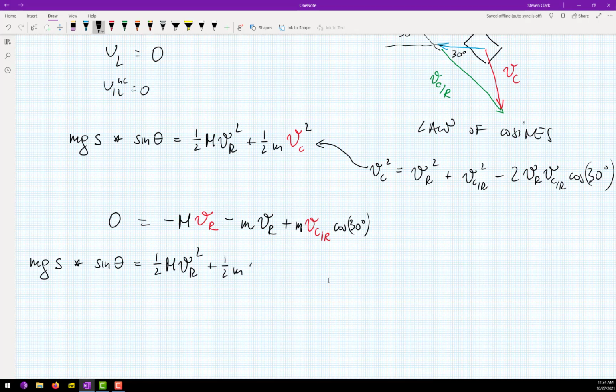So it will be V_R squared plus 1/2 of little m V relative squared minus m V_R V relative cosine 30 degrees. Great, we have 2 equations and 2 unknowns.